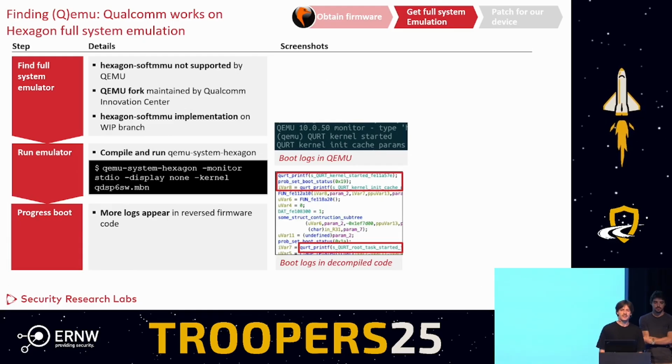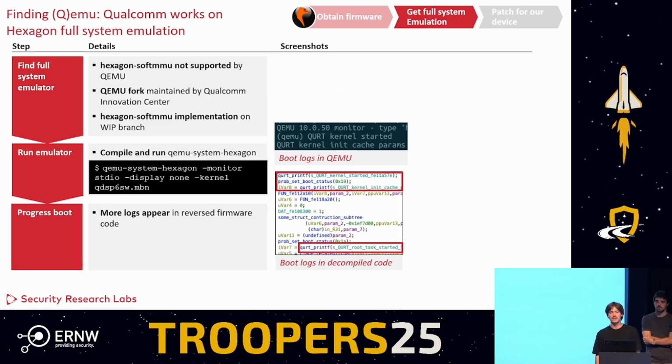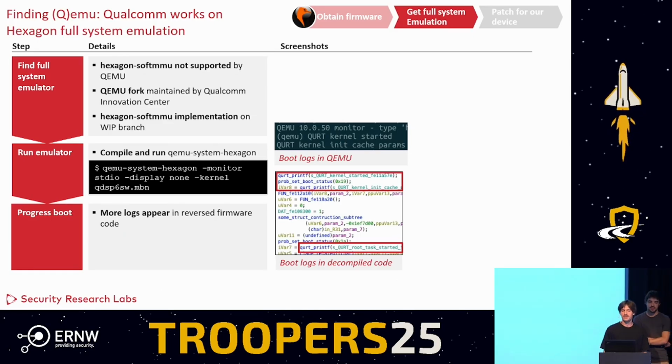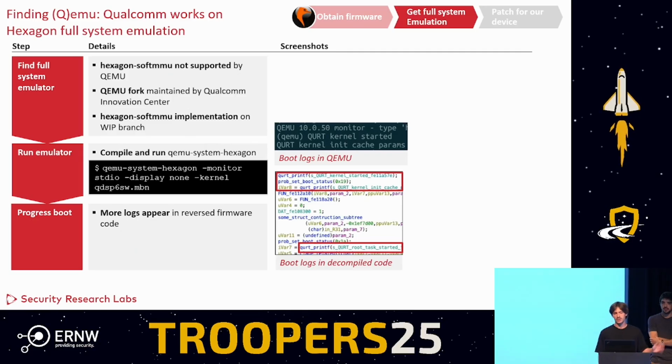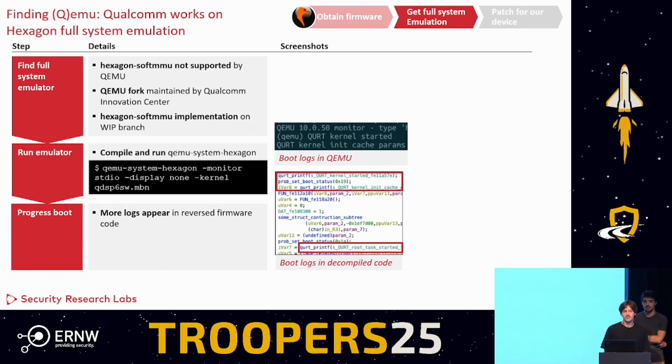But just by searching through the internet, we stumbled upon something called the Qualcomm Innovation Center, and they maintain their own QEMU fork. And in this fork, which has around 120 branches, one of the branches has a system emulation for Hexagon, which is work in progress, but of course we were going to check it out.